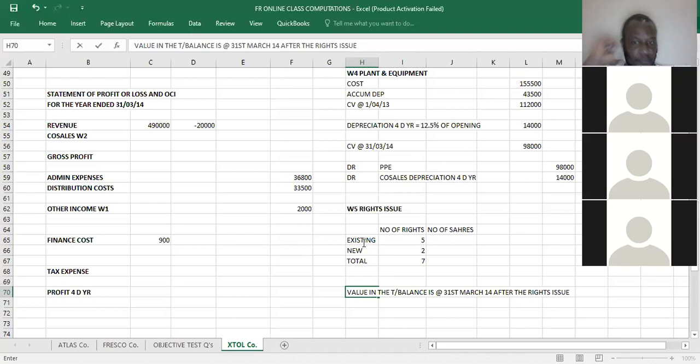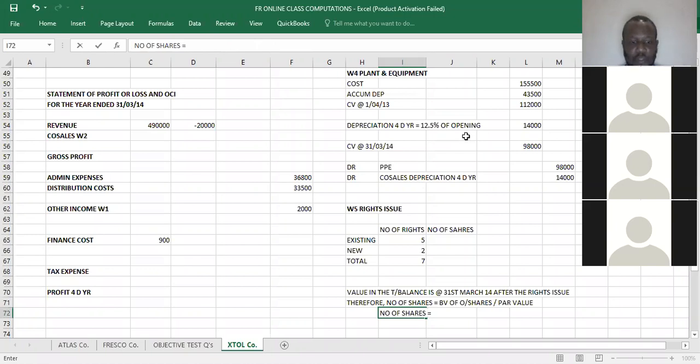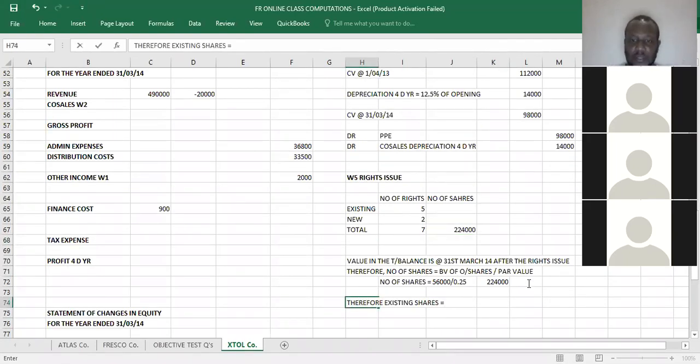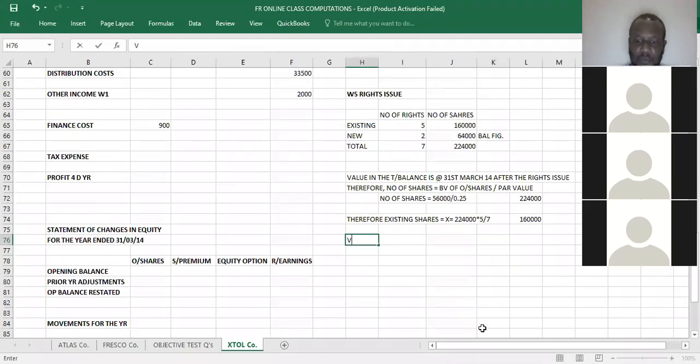So we can say, therefore, to go to ordinary shares.